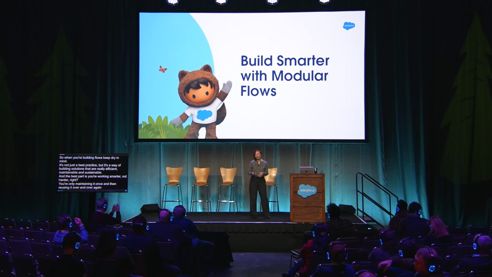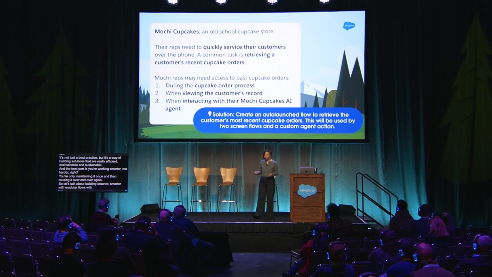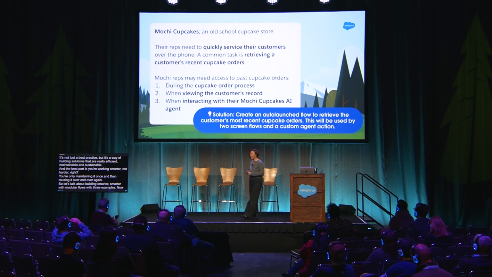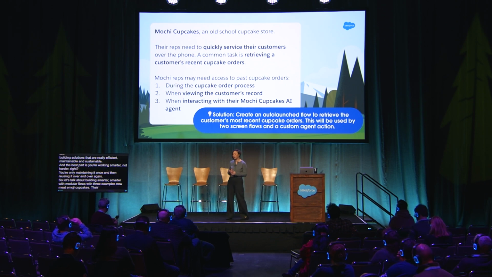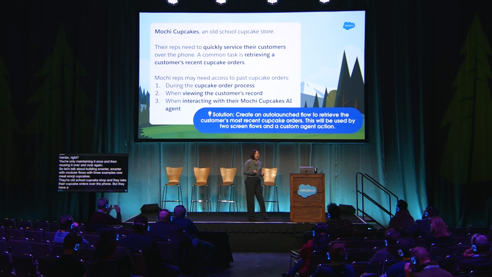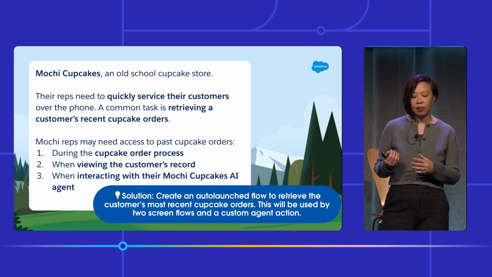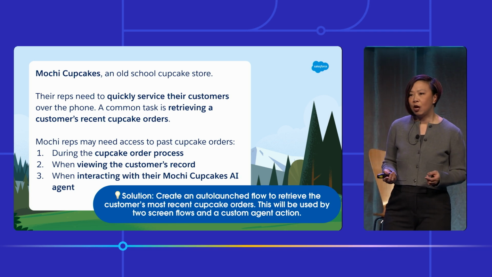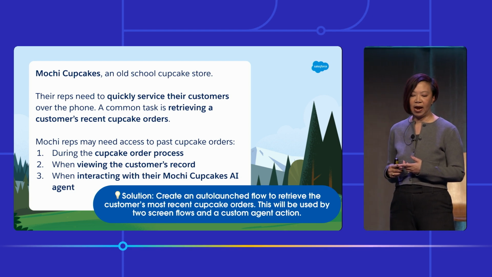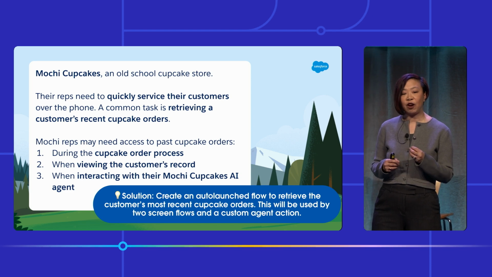So let's talk about building smarter with modular flows with 3 examples. Now, meet Mochi Cupcakes. They're an old school cupcake shop, and they take their cupcake orders over the phone. But they have a modern challenge. They need quick access to the customer's past orders across multiple touch points, whether it's during the cupcake order process, while viewing the customer's record, or engaging with their AI agent.